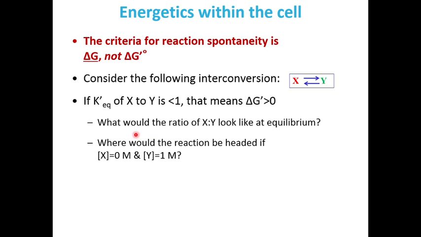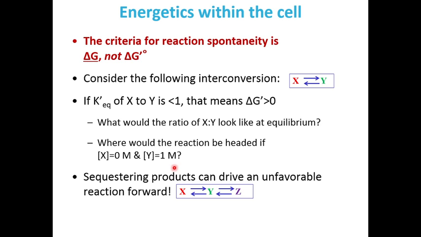So a couple of questions arise at this point. What would the ratio of X to Y look like at equilibrium? Where would the reaction be headed if X equals 0 molar and Y equals 1 molar? Sequestering products can drive an unfavorable reaction forward.